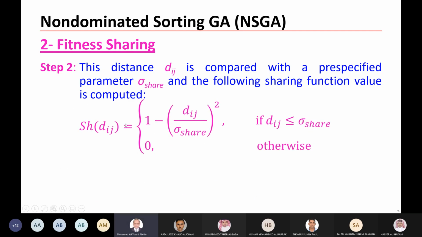We will define for each solution what we call sharing. Sharing depends on d_ij. If d_ij is less than sigma share, sharing equals 1 minus (d_ij over sigma share) squared.